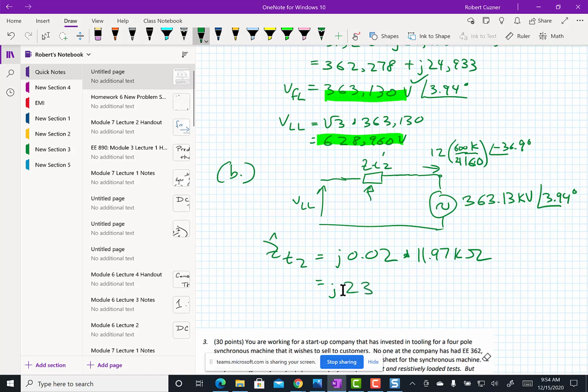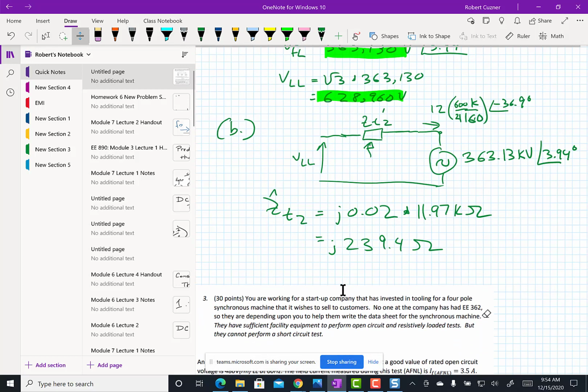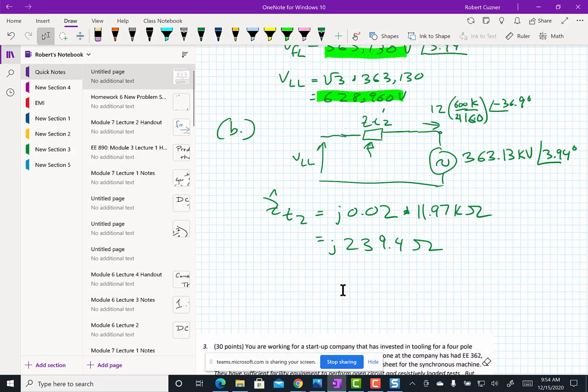Now it should be CT1, right? Should be what again? CT1. Yeah, that's right. That's CT1. I apologize. Thank you. CT1.